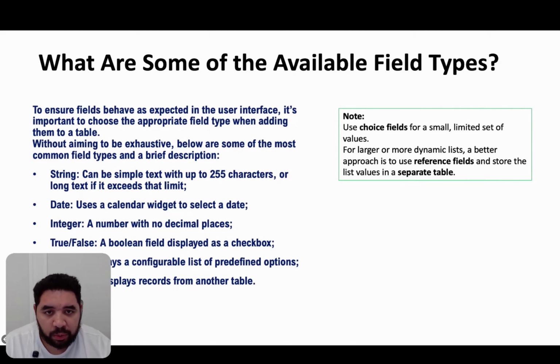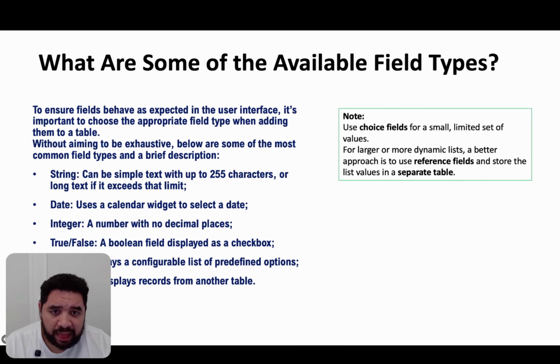String can be a simple text with up to 255 characters, or long text if it exceeds that limit. Date uses a calendar widget to select a date. Integer, a number with no decimal places. True or false, a boolean field displayed as a checkbox. Choice displays a configurable list of predefined options. Reference displays records from another table.